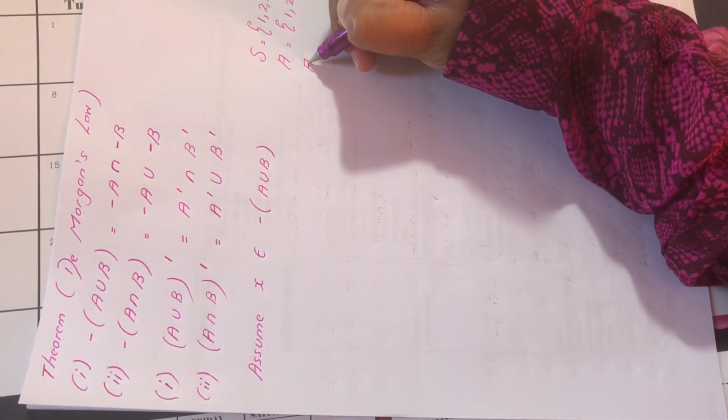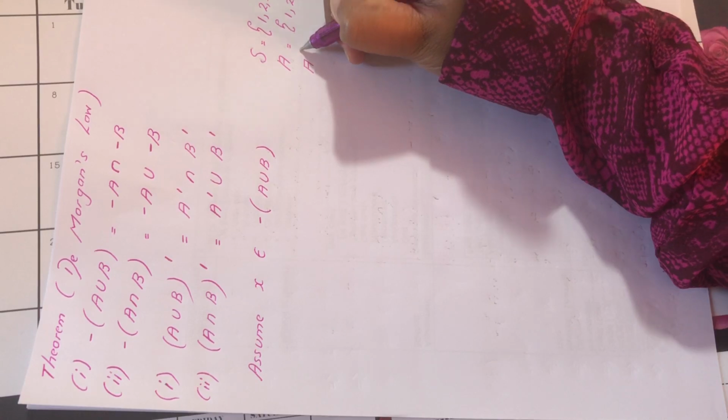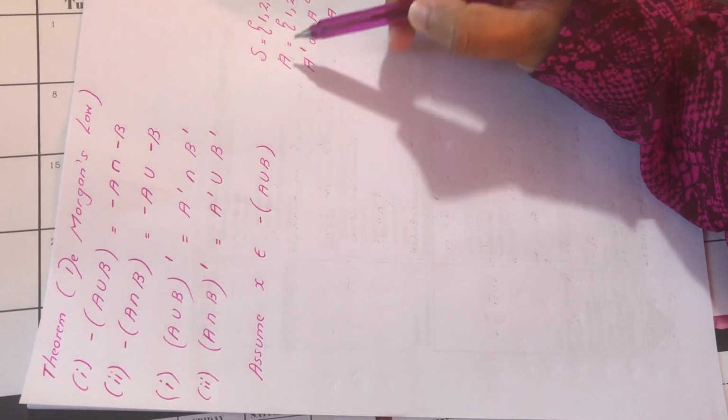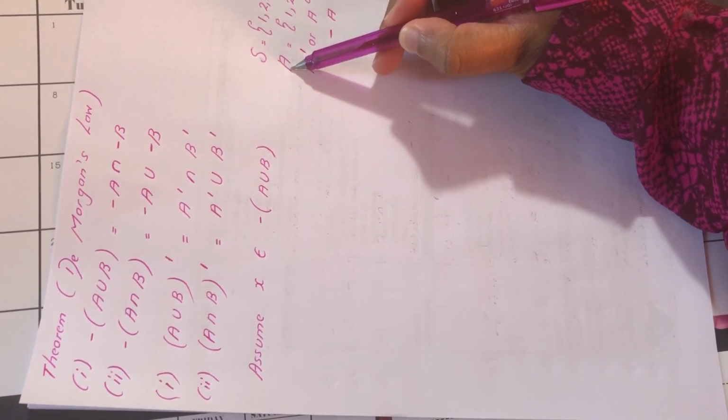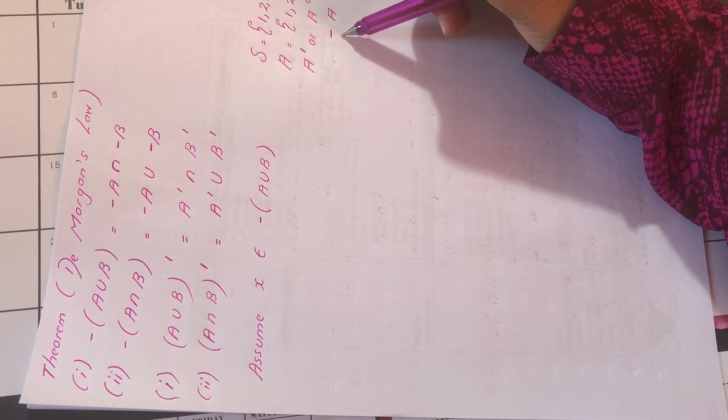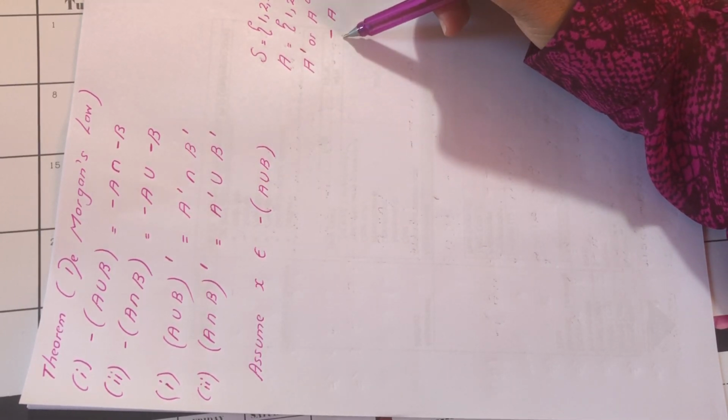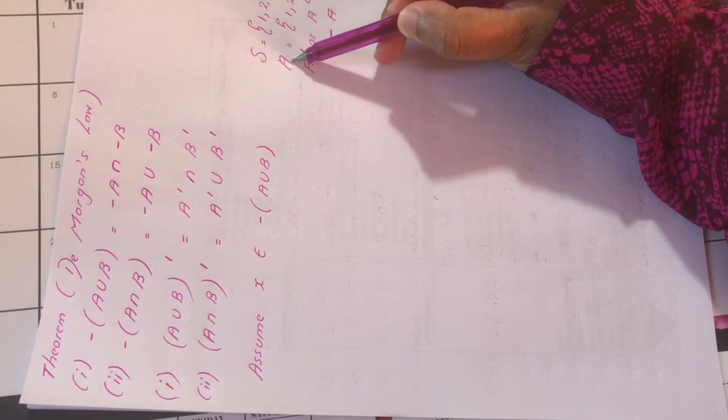If I have my set A and my set A contains the elements 1 and 2, if I want to find A complement, we can write it as A prime or A^c, A complement, or simply as a negative of A. So all this notation represents the complement of set A, which means that elements found in A will not be in A complement, and elements in A complement will not be in set A.